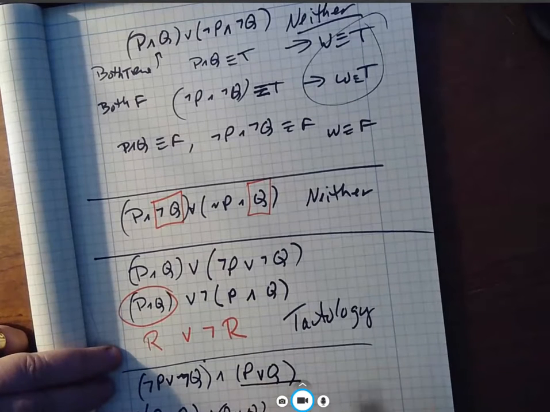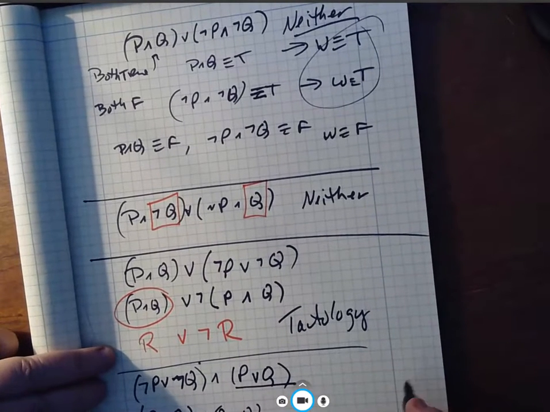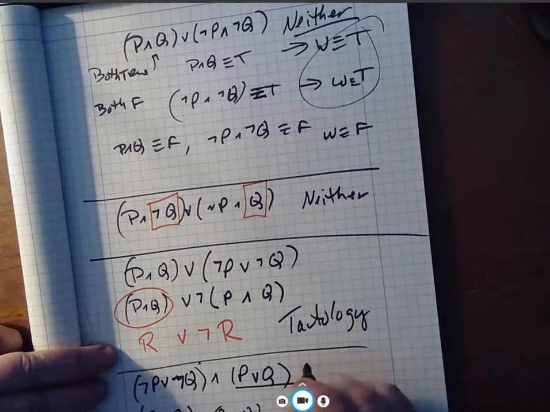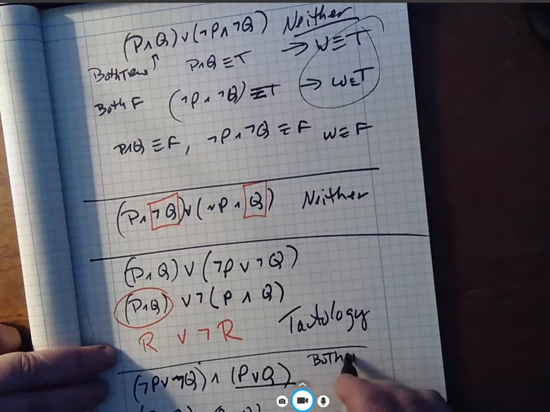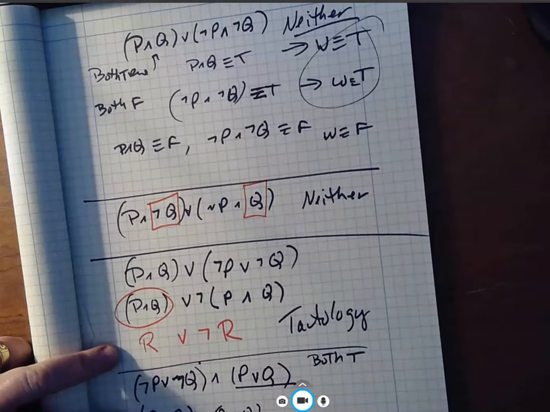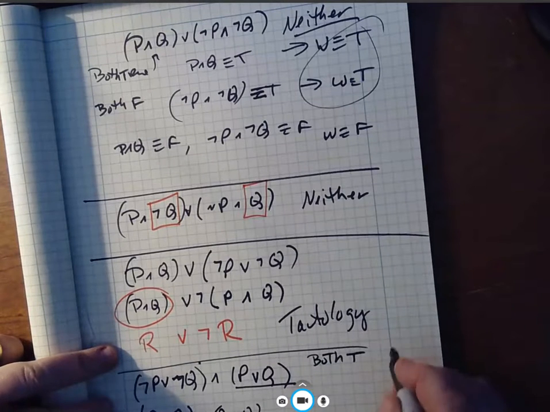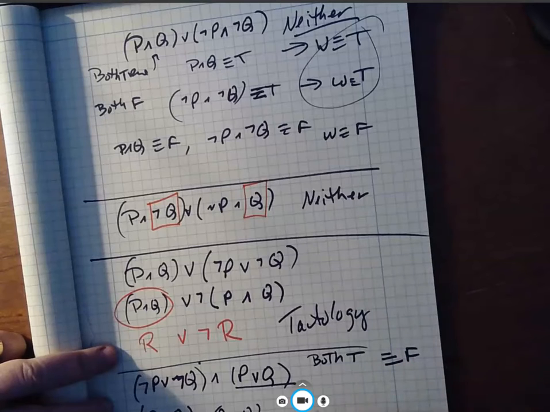So this is an and here. If one of these is true, the whole thing is true. So let's say they are both true. So true here, and this is true, that's a false. So that means we have a false. If they're both false, that means I have a false here and an and, so the whole thing is false.